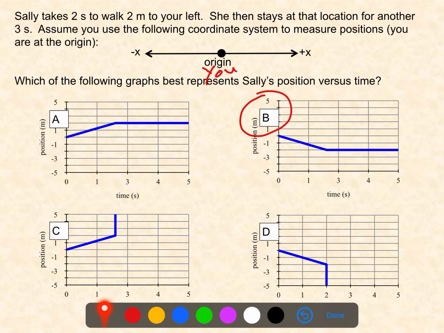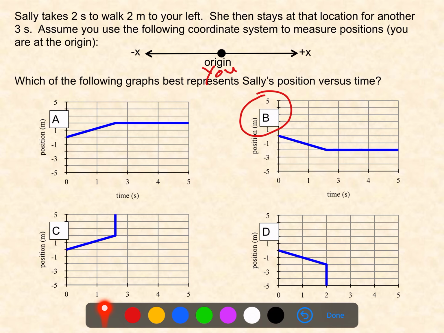And then once she goes 2 meters, that should be right about here for 2 seconds, right? So 2 meters and 2 seconds. That's where she begins to stand still for another 3 seconds. Okay, so B most accurately depicts this kind of motion.